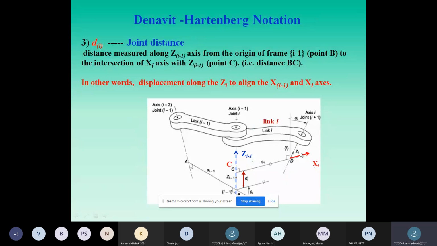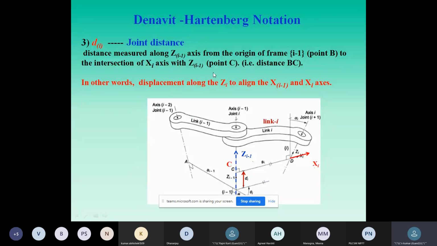If you extend xi, it will cut the axis zi minus 1 at point C. So the distance between B and C is called the joint distance for link i.